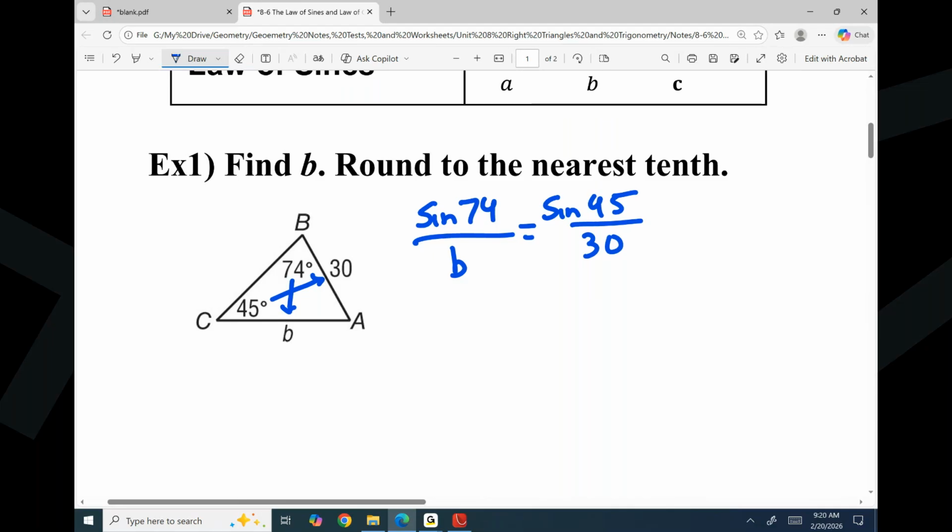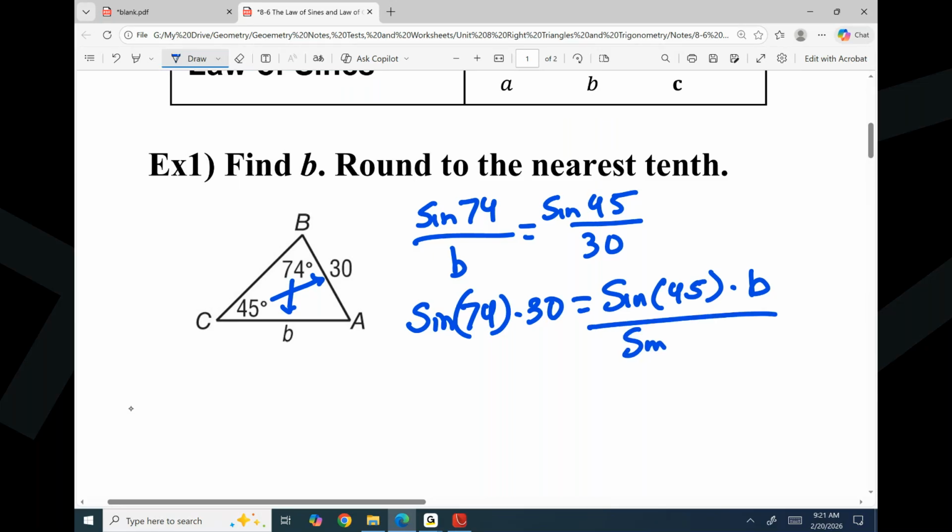And that's just a proportion. So you get the sine of 74 times 30 is equal to the sine of 45 times B. You would just divide both sides by the sine of 45, and whatever that is, that's your answer.